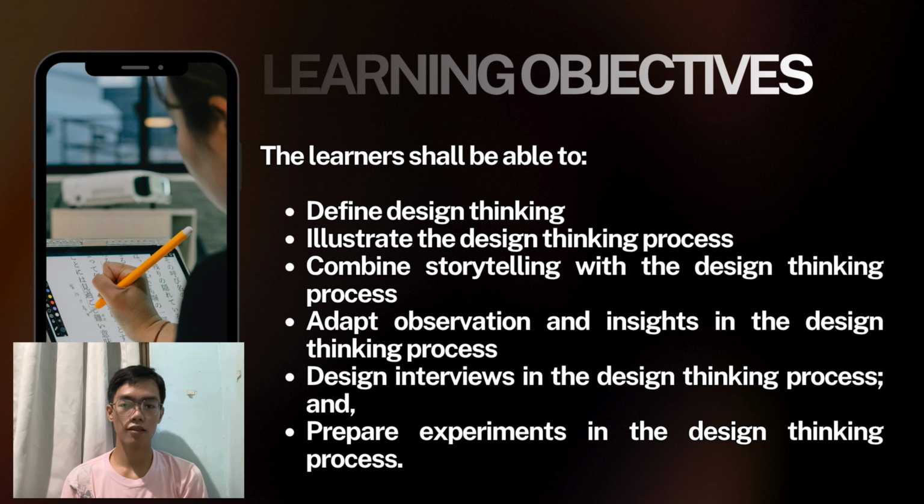Then in 1991, the company IDEO was founded and helped popularize design thinking in businesses and innovation. Then during the modern era, Stanford University formalized the well-known 5-stage model of design thinking. Then today, design thinking is widely applied by global organizations like Google to create products, improve services, and solve challenges effectively.